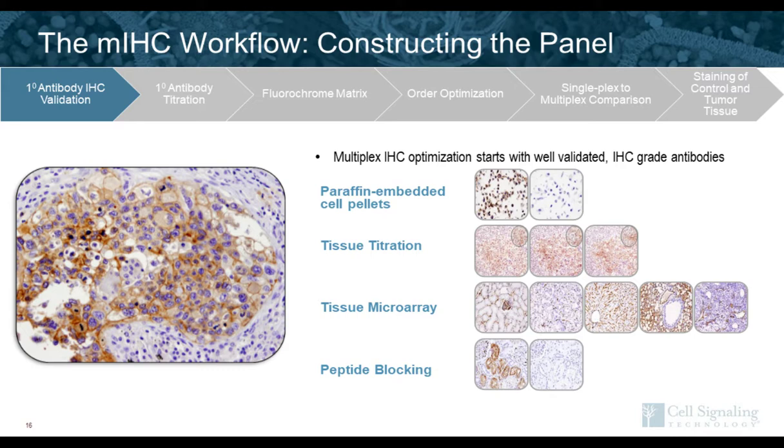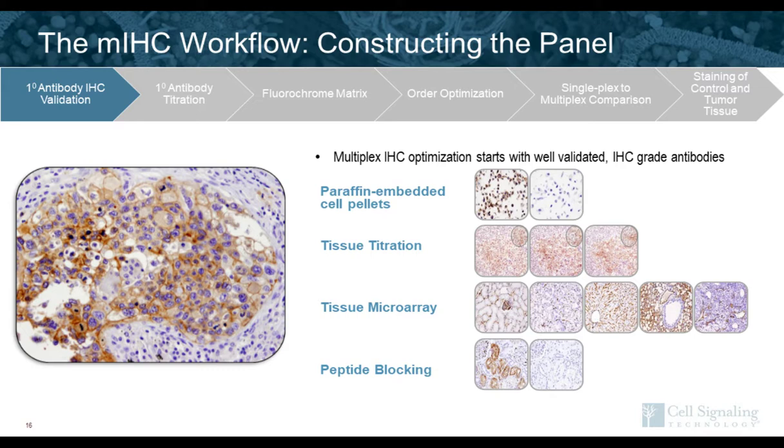Knowing that dilution doesn't guarantee that it will be correct, so the next step would be to do a small titration on a known positive tissue, and sometimes we'll actually use a negative tissue as well, so we'll have another level of validation there. From there, we'll move on to tissue microarray testing, and we make all of our TMAs in-house, and they usually include 60 to 70 unique tumors, and those will come from 8 to 9 different tumor types.